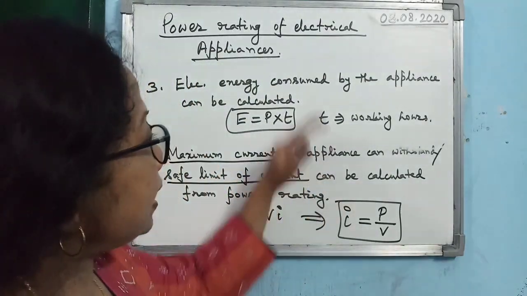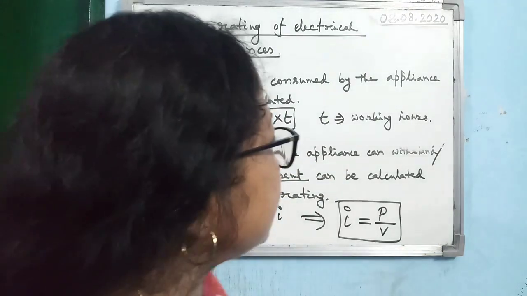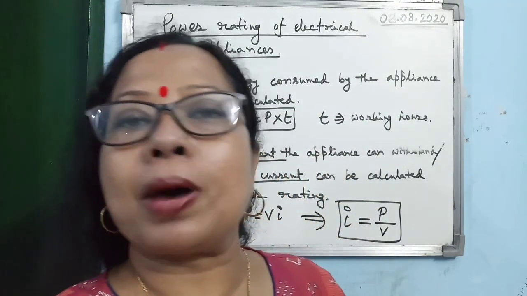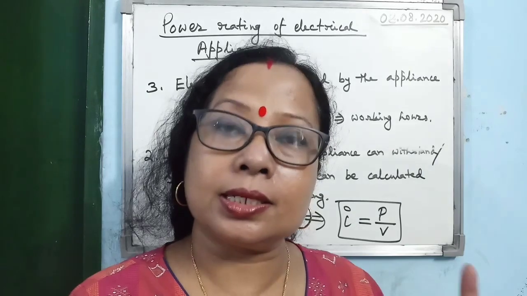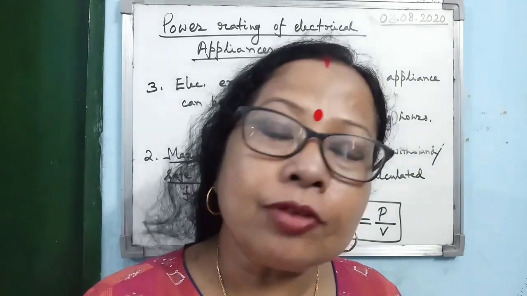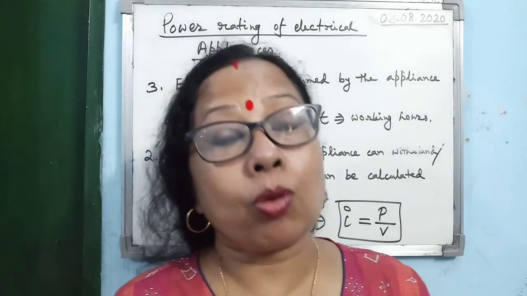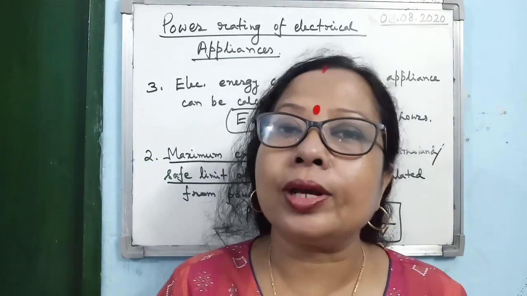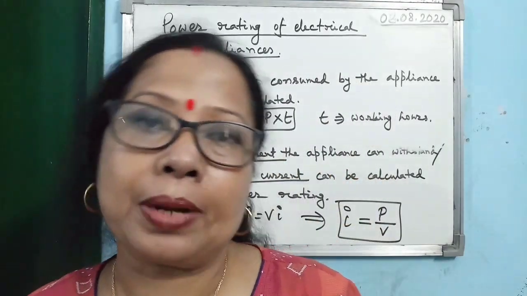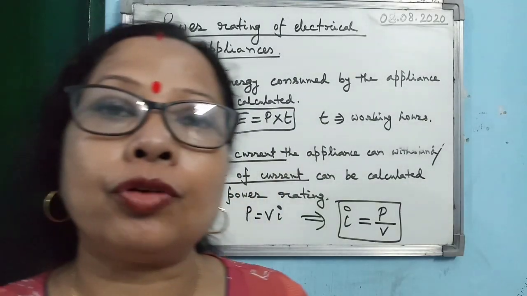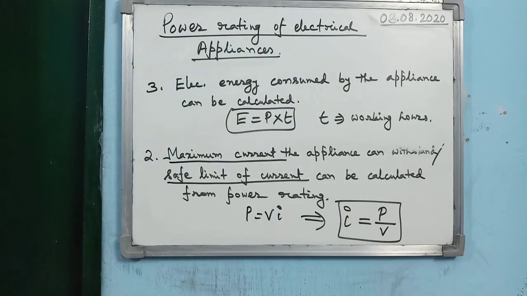Alright, so these are the three important applications of the power rating: we can find out the resistance of the appliance, we can find out the maximum current the appliance can withstand, and we can also find out the electrical energy consumed by the appliance if we know the working hours of the appliance.